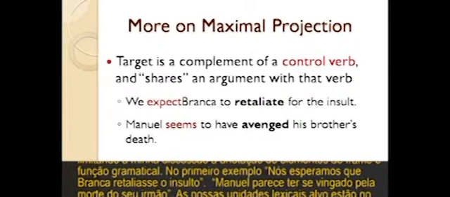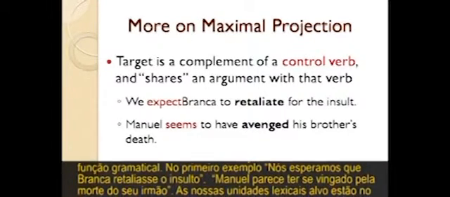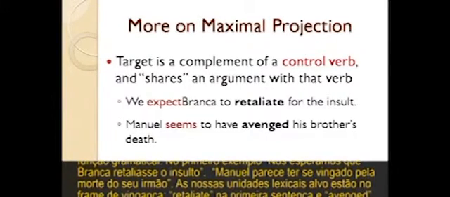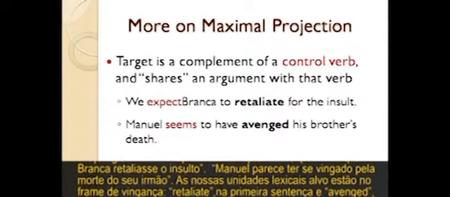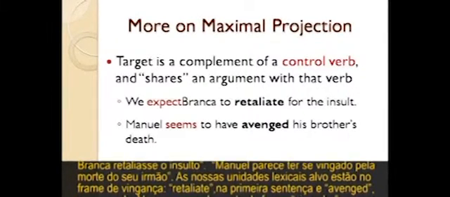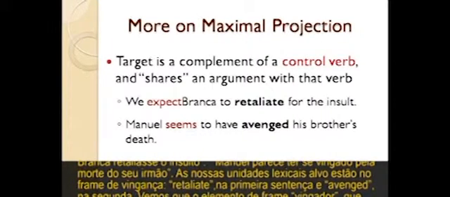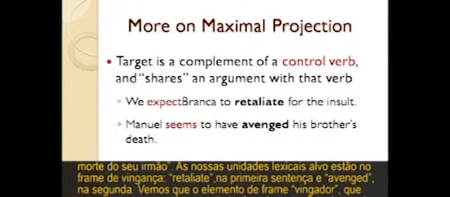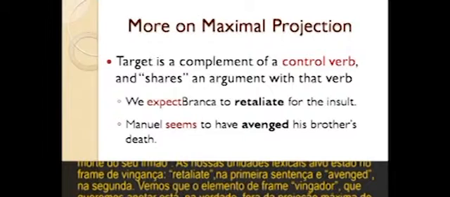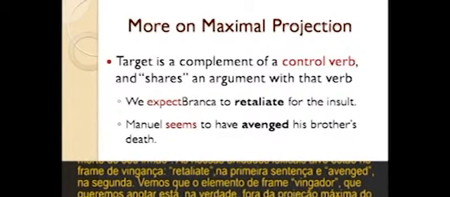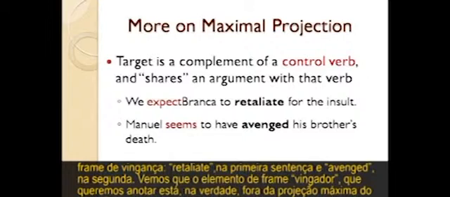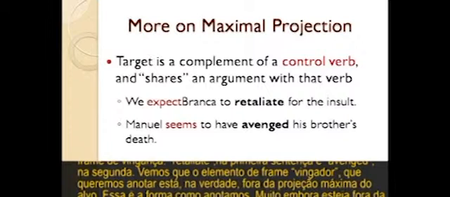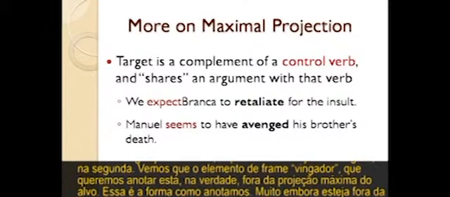So I'm limiting my discussion to frame element annotation and grammatical function annotation. First example, we expect Branca to retaliate for the insult. Manuel seems to have avenged his brother's death. Our target lexical units are, again, from the Revenge frame, retaliate in the first sentence, and avenge in the second sentence.